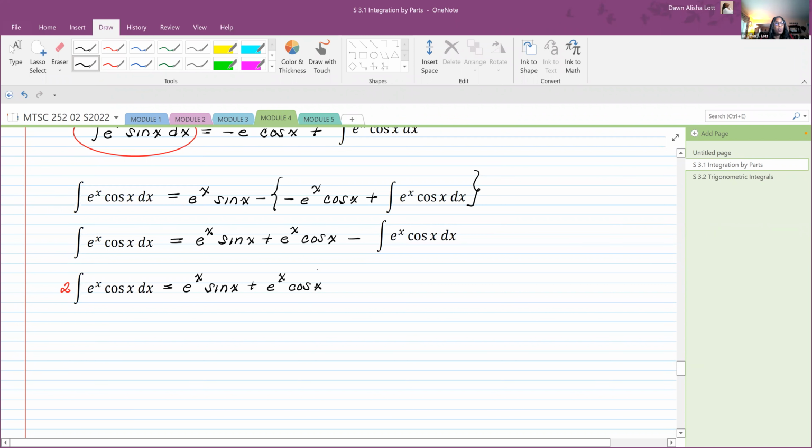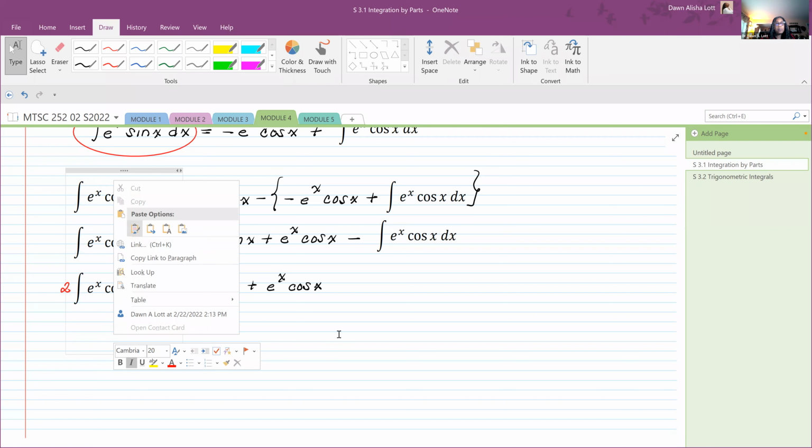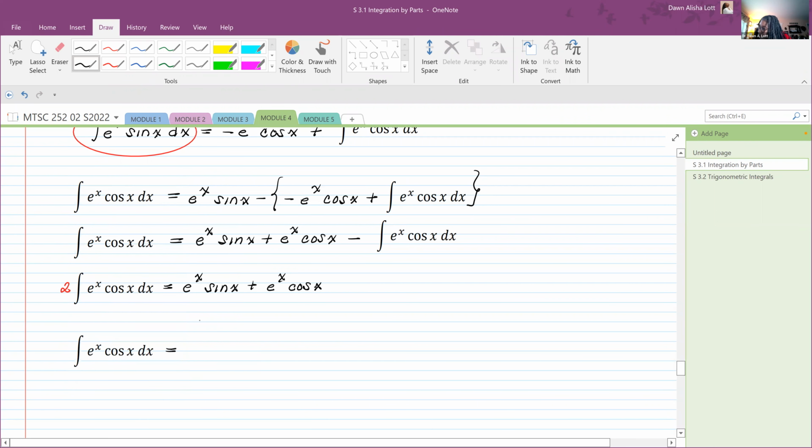And so therefore, my answer is going to equal e to the x sine x plus e to the x cosine x, I'm going to have to divide the whole thing by 2. And now I can add on my plus C.